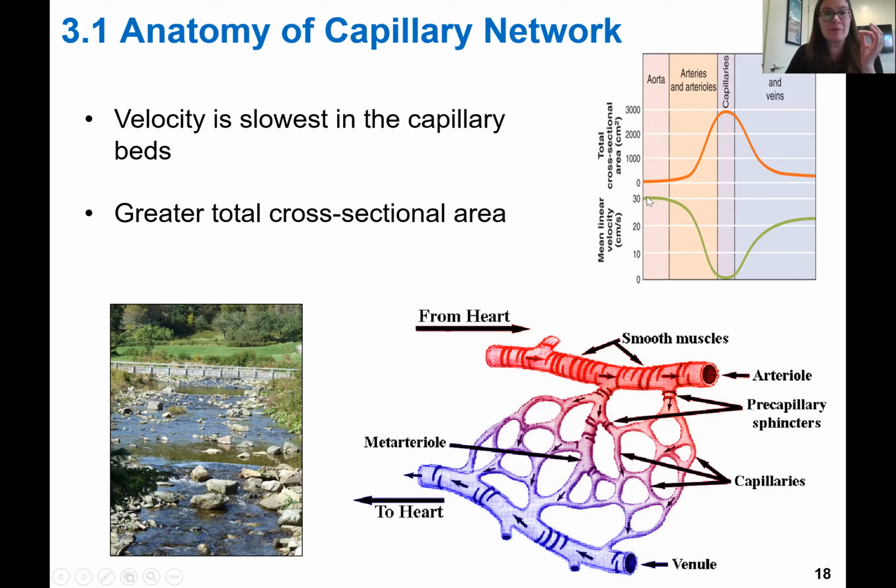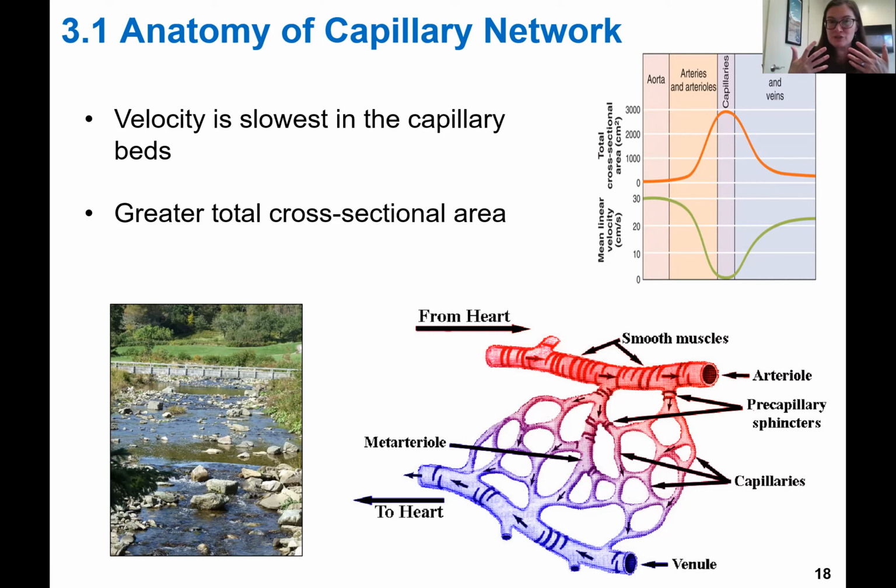But also, because they're so numerous and so small, our velocity, our flow, goes way down in capillary beds, which again, by design, is also really good for diffusion, right? We have a long passage and lots of connectivity between blood and vessel wall in those capillary beds, which allows for lots of connection, lots of diffusion, and slow movement through it.